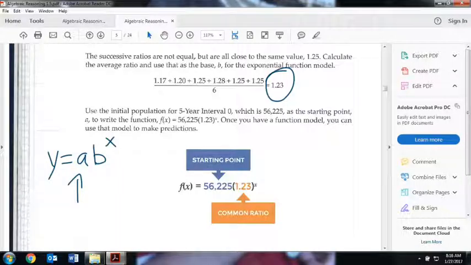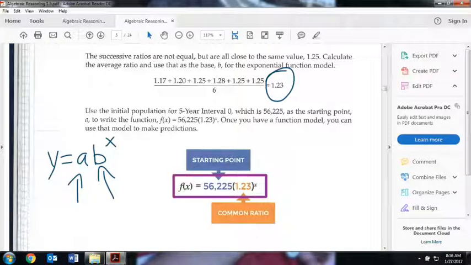And we calculated our average ratio, and we're going to put that in for b. So this equation, while it's not perfect, because no equation is going to be perfect for this data, is probably the best model that we can come up with given the data that we've got. All right? So that being said, we are going to move on and try example number 1.